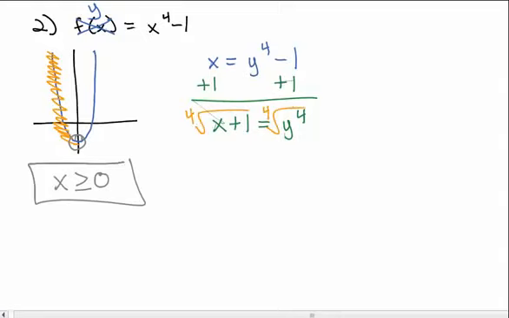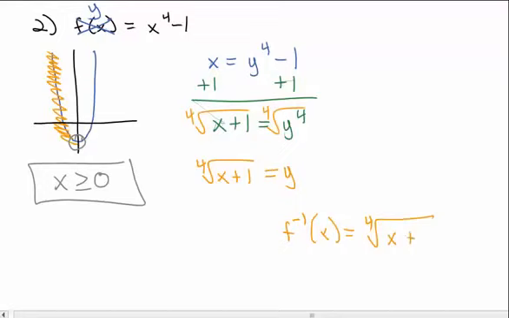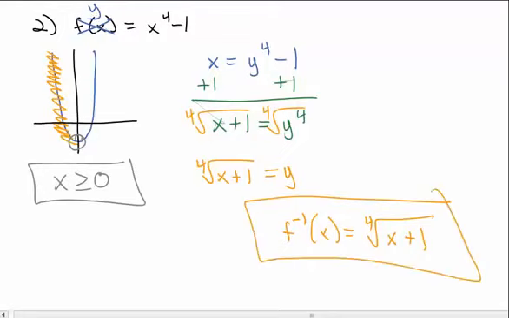And because we are only interested in the right side, we're only interested in the positives, we don't have to worry about plus or minus. So y is equal to the 4th root of (x plus 1), or we could say f inverse of x is the 4th root of (x plus 1). We now have our inverse.